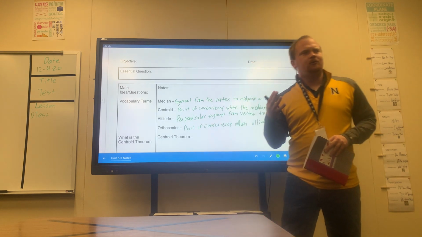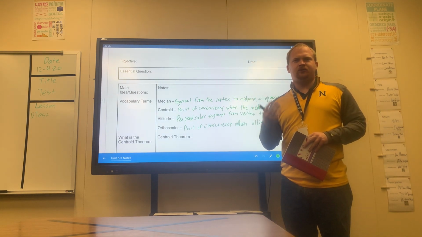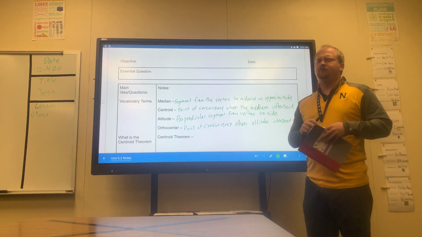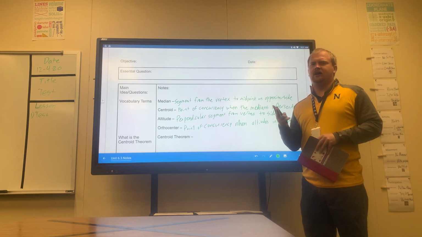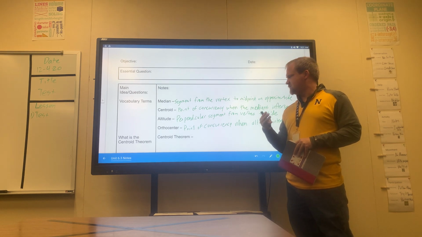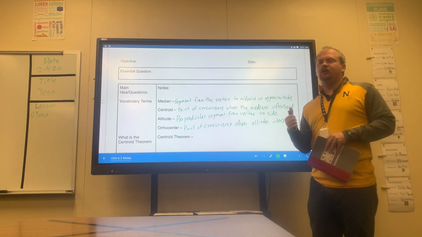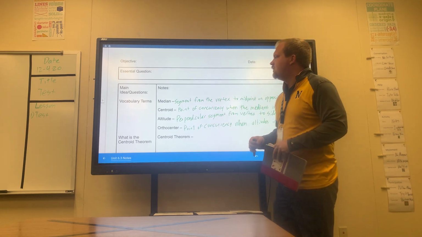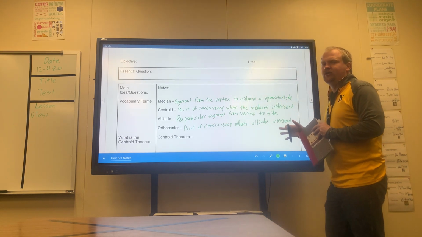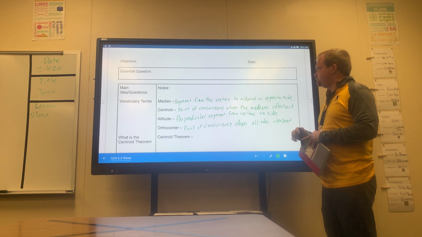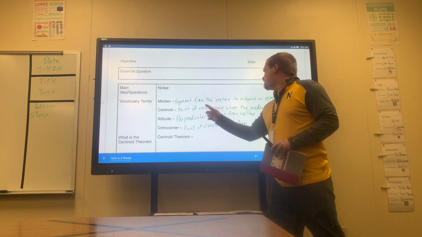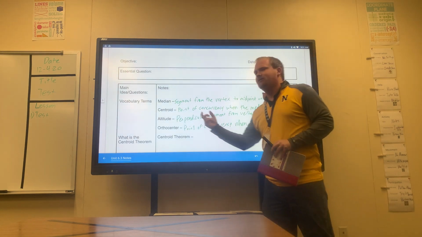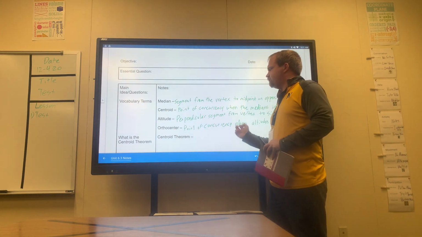We have four different points of centers from a triangle, one dealing with perpendicular bisectors, angle bisectors, medians, and altitudes. So it is very important to keep in mind which one makes what. But today we're going to focus on centroids and orthocenters. So remember that the median makes the centroid and the altitude makes the orthocenter.